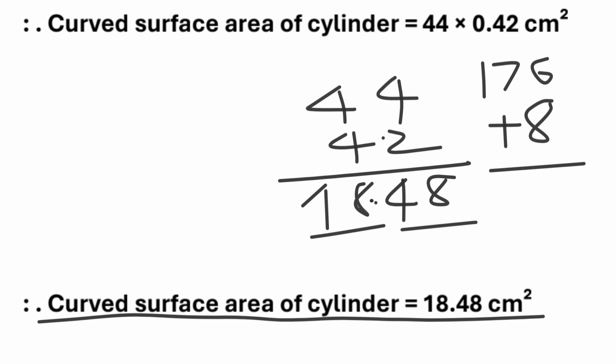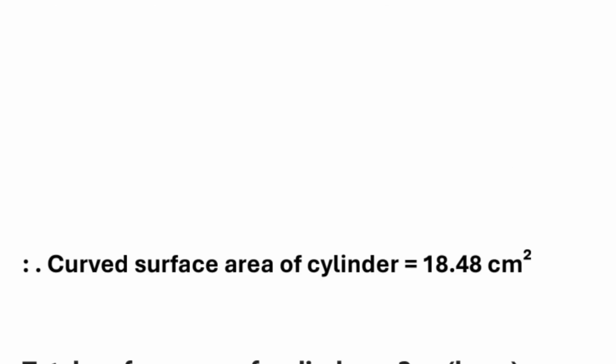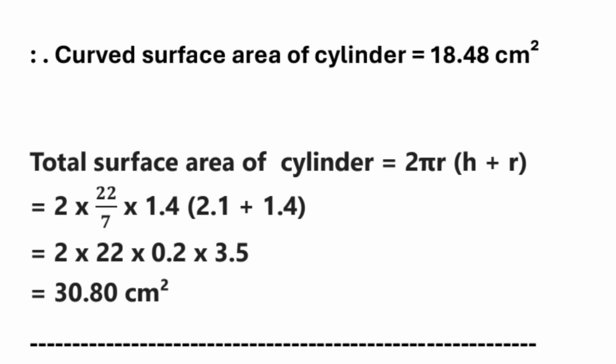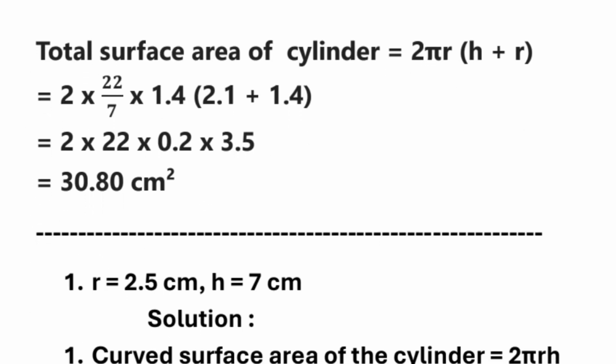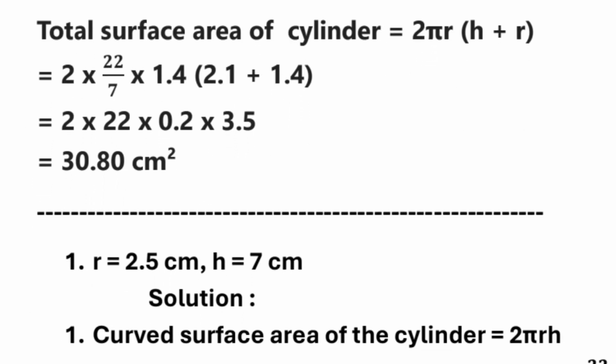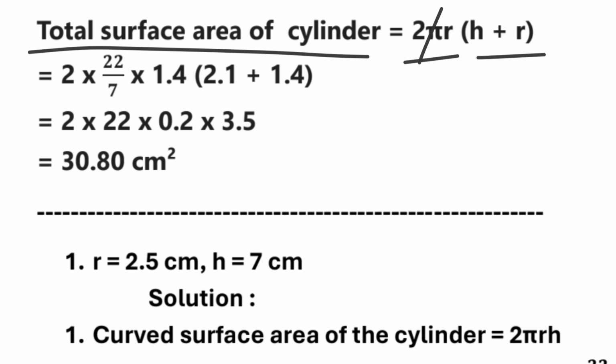Very simple. Then we will find out the value of the total surface area of the cylinder. Total surface area of the cylinder is equal to 2 pi r bracket r plus h, or h plus r, right? Anyway, now we put the values of pi, r, h.